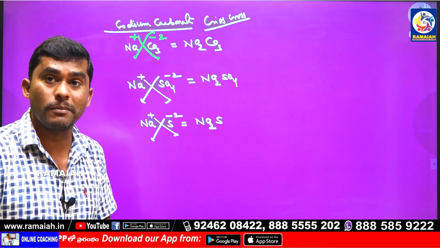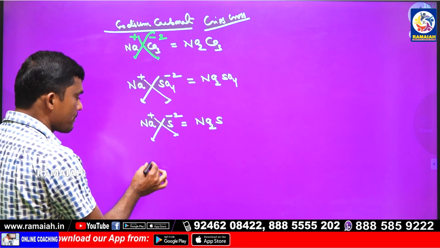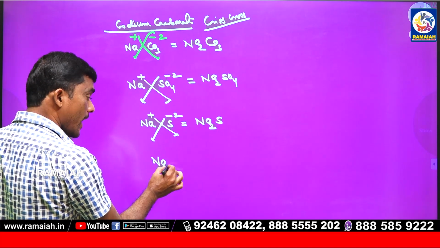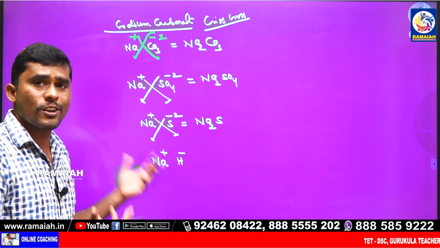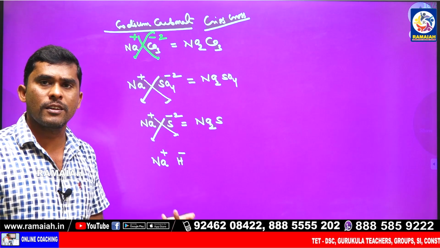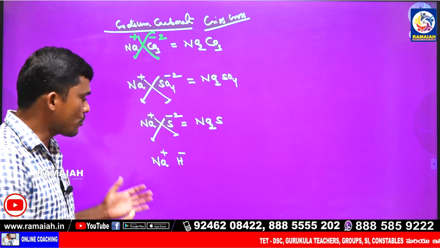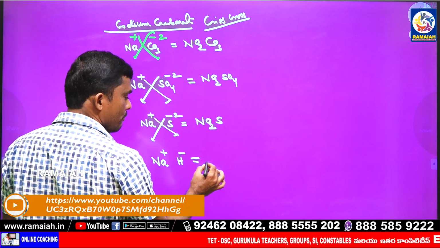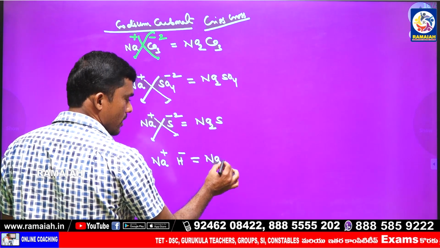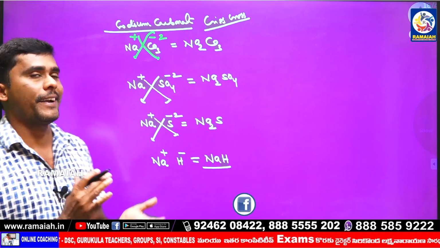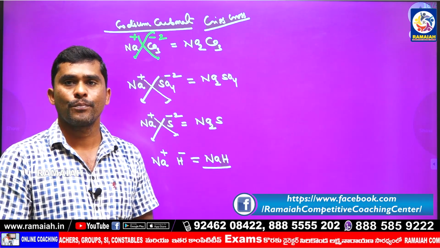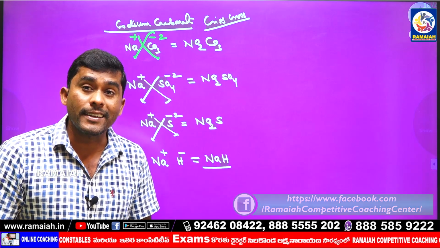Sodium hydride. How to write sodium hydride? Sodium is Na plus. What is the formula of hydride? H minus. Here charges are equal, so we do not use the crisscross method. That is the formula of that compound: NaH, sodium hydride. Sodium acetate.